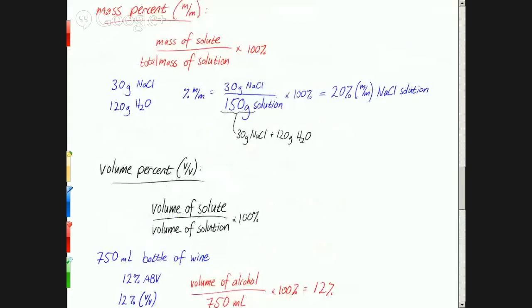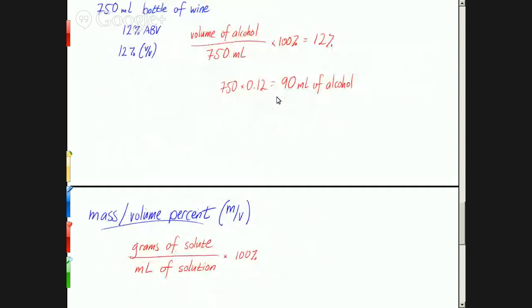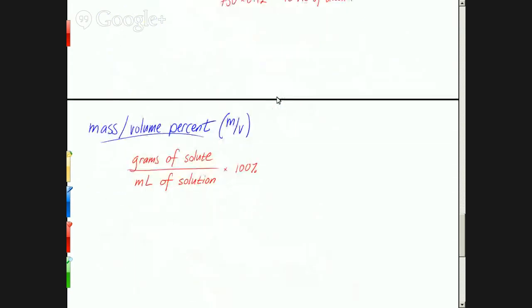So mass percent could be grams to grams, kilograms to kilograms, pounds to pounds, whatever. Volume percent could be liters to liters, milliliters to milliliters, gallons to gallons, doesn't matter. But in mass volume, you have to have the proper units or your numbers are going to be all over the place.